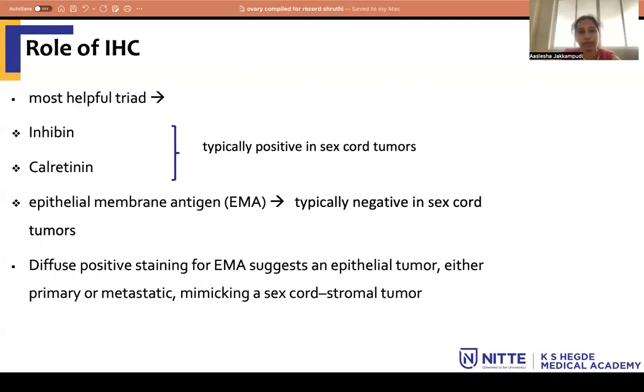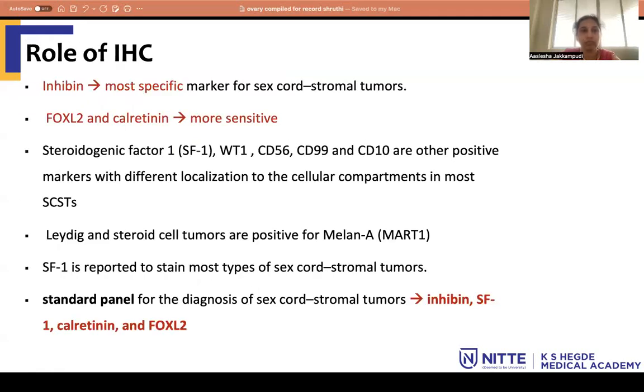So negative EMA will support that it is not a carcinoma, it is a sex-cord stromal tumor. Diffuse staining for EMA in a suspected case of sex-cord stromal tumor will rule it out, because EMA should be negative in sex-cord stromal tumor. Inhibin is a more specific marker, and FOXL2 and calretinin are more sensitive markers.